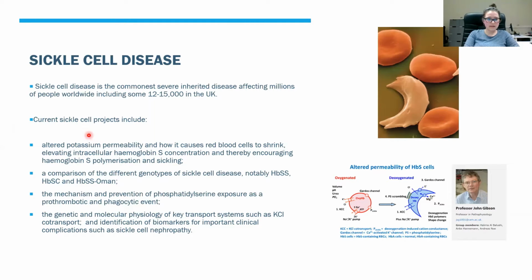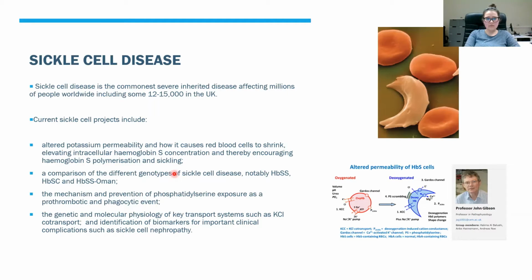What they are interested in with that disease is altered potassium permeability and how it causes red blood cells to shrink. This shrinkage is related to potassium ion transport, as you see from those pumps. And how that potassium causes hemoglobin S polymerization and sickling.